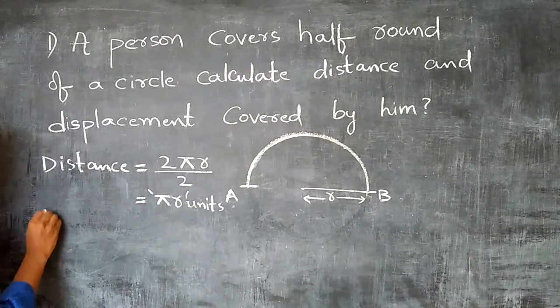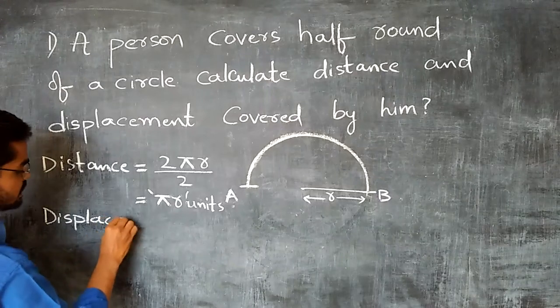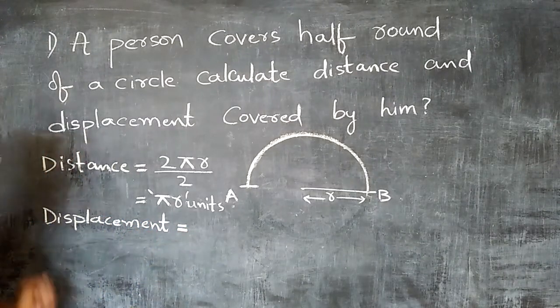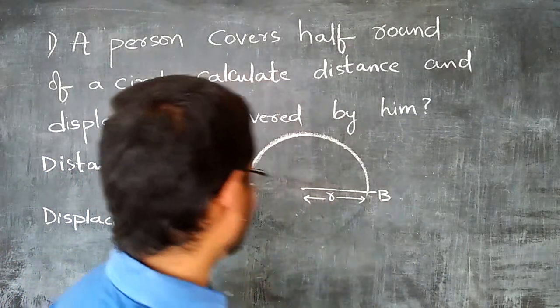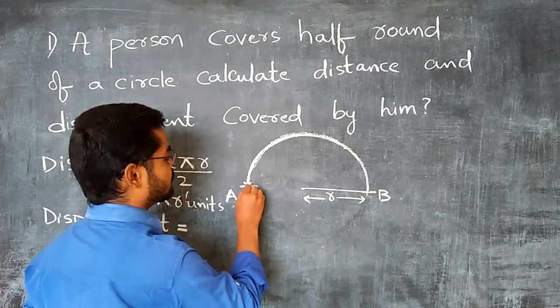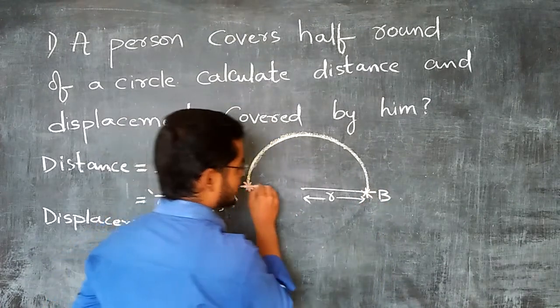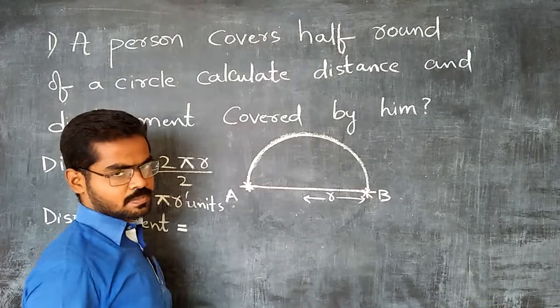Next, displacement. How to calculate the displacement covered by the man? To get displacement, you always join the initial point and the final point. Here A is the initial point, the starting point, and B is the end point. So you join A and B. This gives you the displacement.